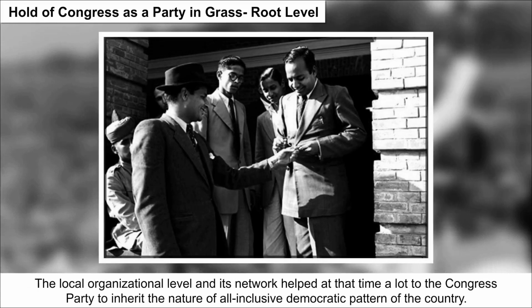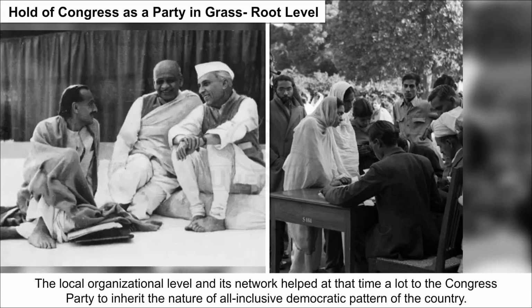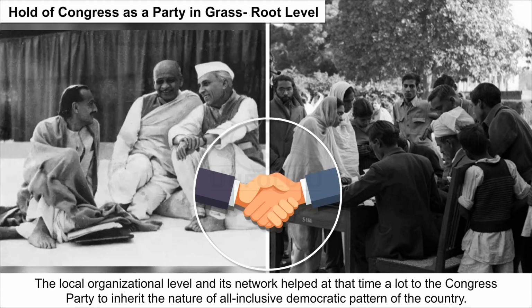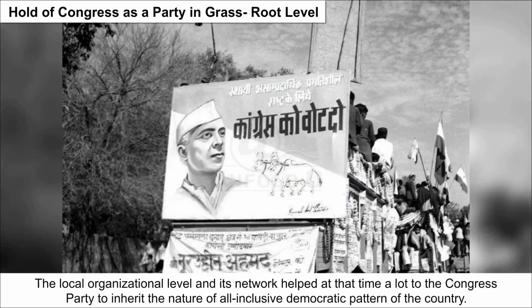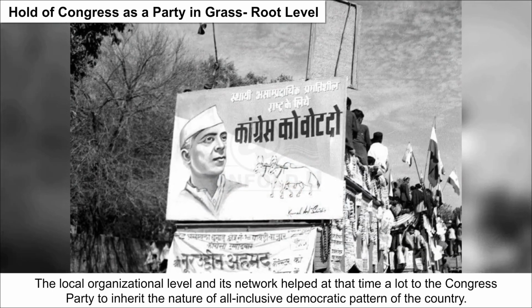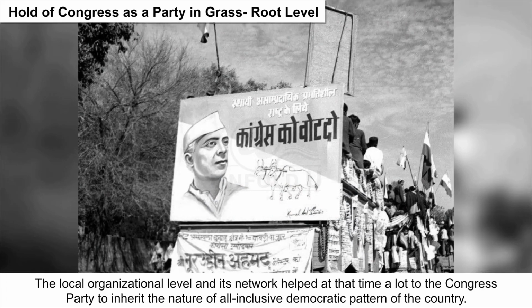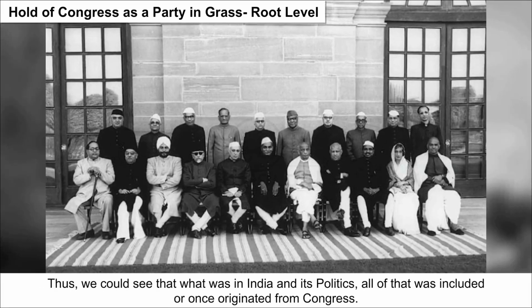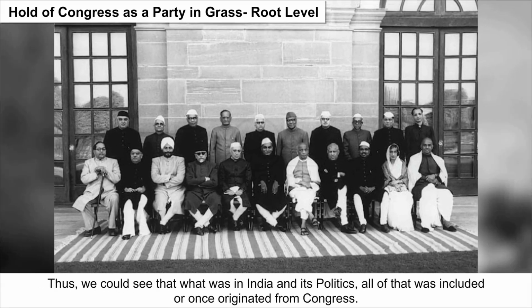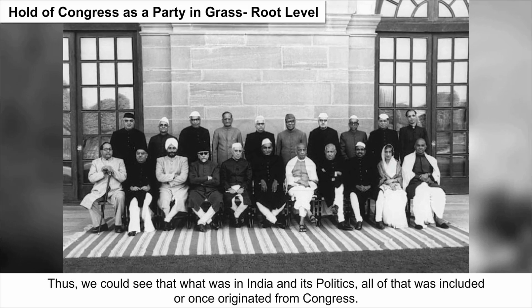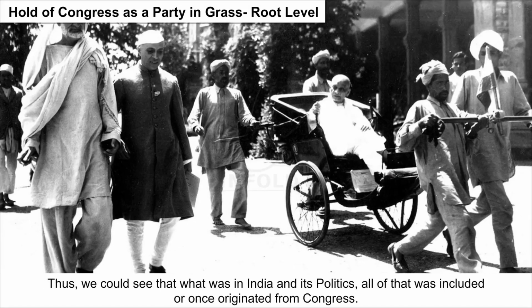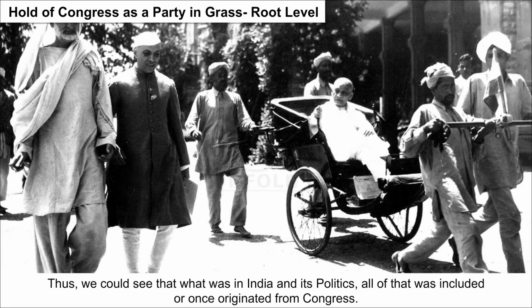The local organizational level and its network helped the Congress Party a lot at that time to inherit the nature of the all-inclusive democratic pattern of the country. Thus, we could see that whatever was in India and its politics was all included in, or once originated from, Congress.